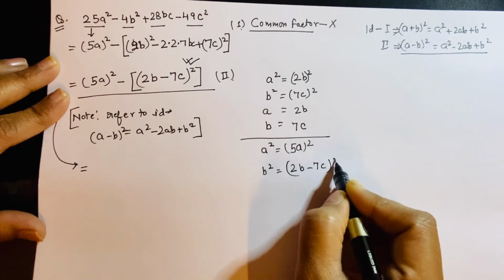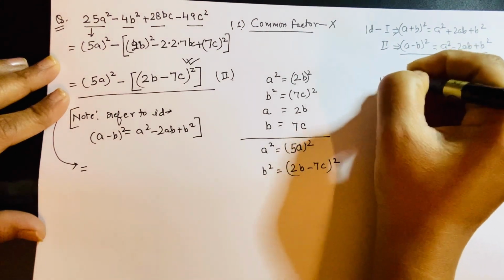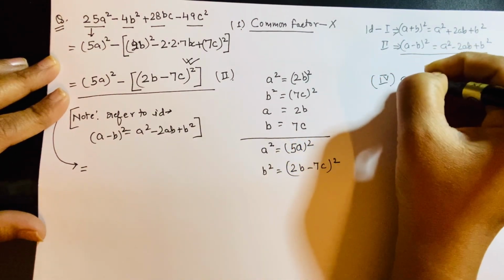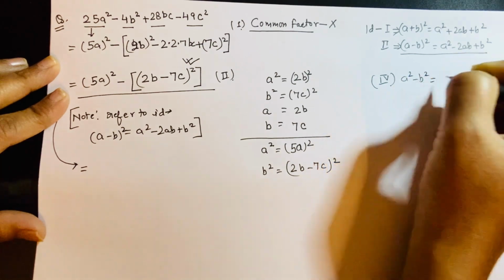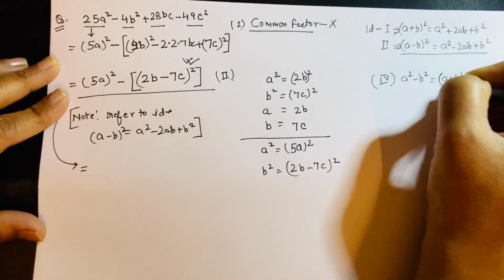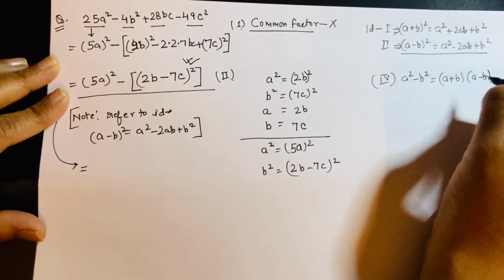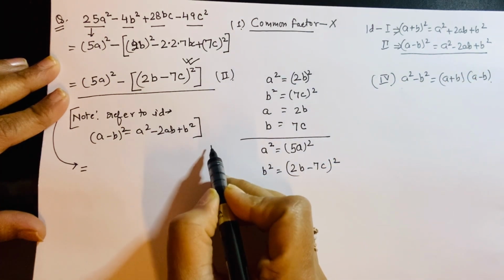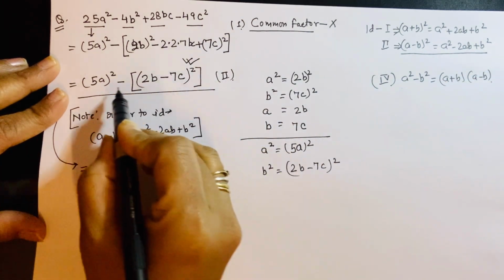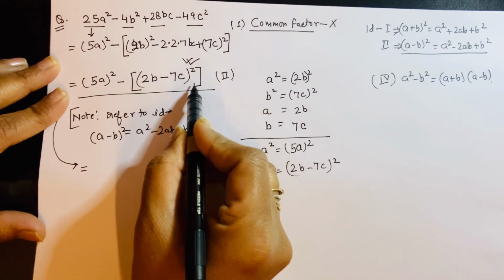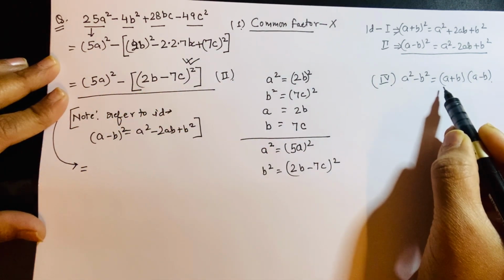whole square. So the identity number 4, which says that a square minus b square is equal to a plus b and a minus b. So this is matching with identity number 4 now. So this equation can further be solved with the help of identity number 4.